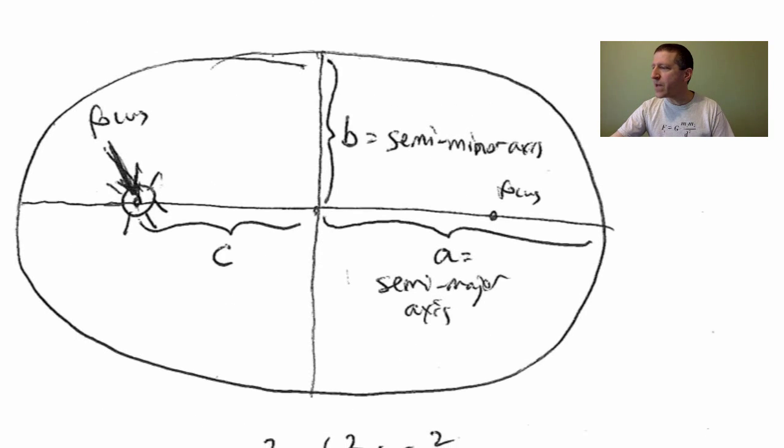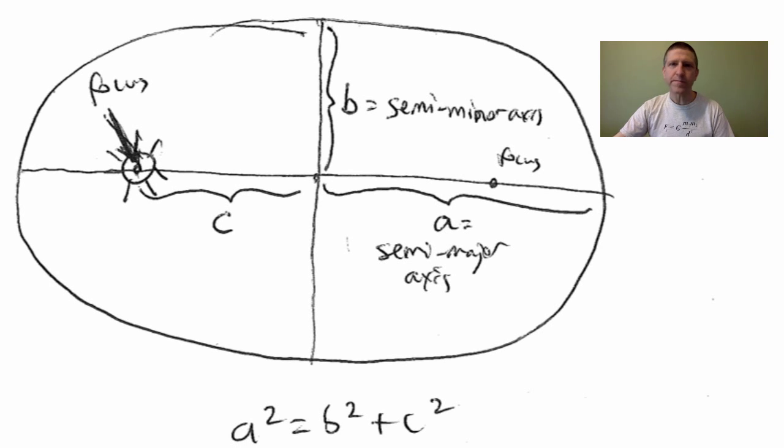Let's take a look at the anatomy of an ellipse here. This is important. An ellipse has three main measurements. This long distance right there is called the major axis because it's the longest axis of this ellipse. Half of that is called the semi-major axis, and we use the symbol A to represent the length of that.